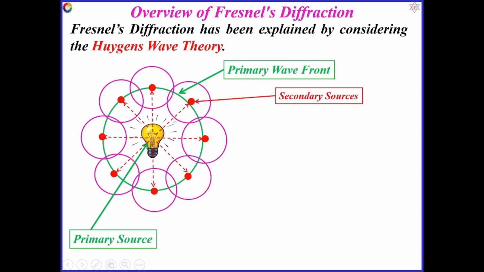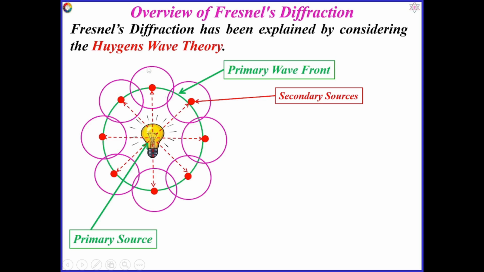So this small circle will be called the primary wavefront for this source. But this wavefront will be called the secondary wavefront for the primary source. If this is your secondary source, this will be the primary wavefront for this source, but this wavefront will be considered the secondary wavefront for the primary source.